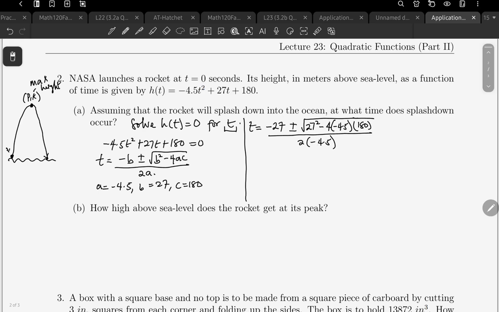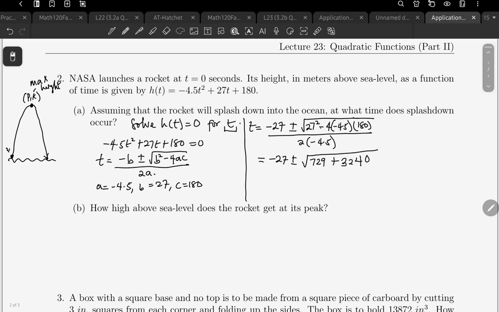The next thing here is just to use our calculator carefully. So negative 27 plus or minus the square root of the square of 27, that is going to be 729. Then negative times negative is positive, 4 times 4.5 times 180, that is going to be 3,240.